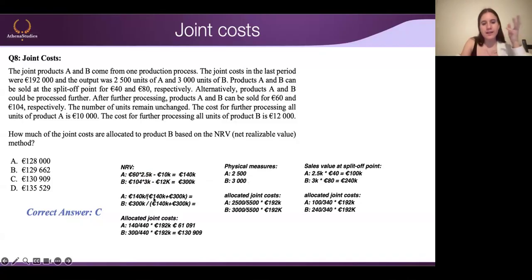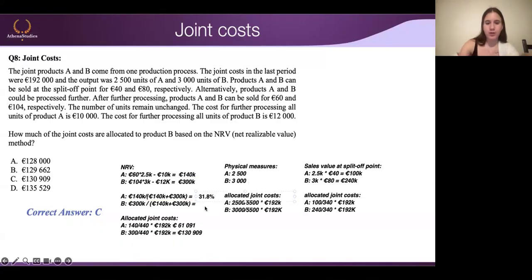Then you allocate the percentages. Here it's done separately: the percentages, and then the multiplication by the joint cost. The percentage of joint cost that good A gets is the 140K of income divided by the total income from both goods, which is 440K. According to my calculations, you get 31.8%.